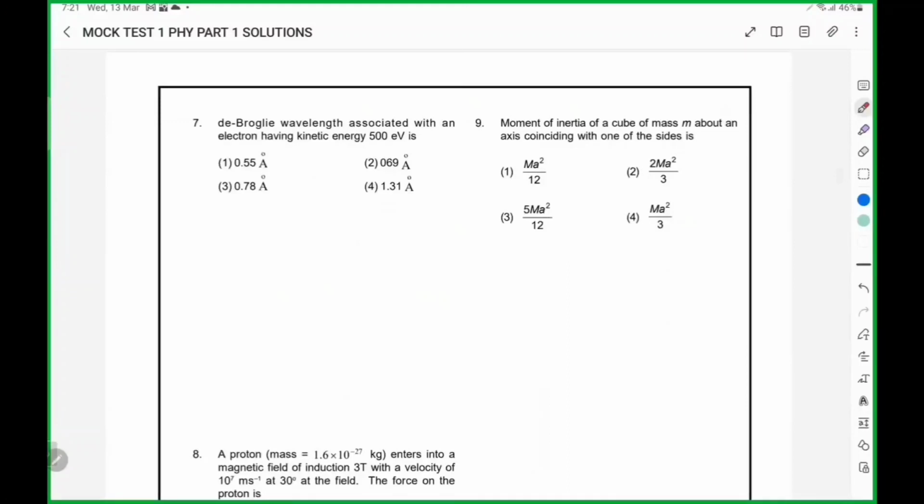De Broglie wavelength associated with an electron having kinetic energy. Lambda here is h by p. So we know that kinetic energy is p squared by 2m. So this is lambda for an electron.